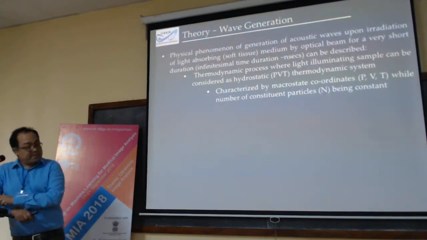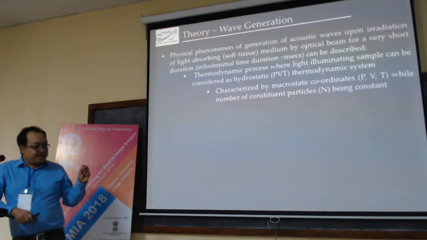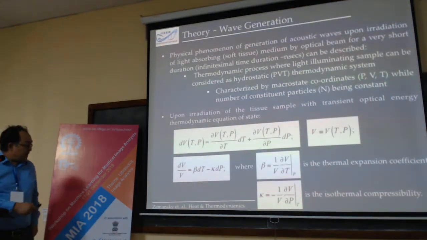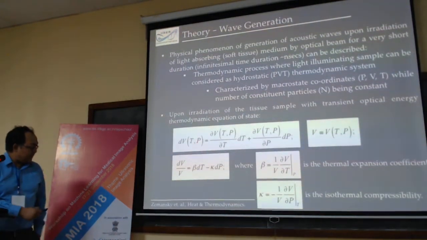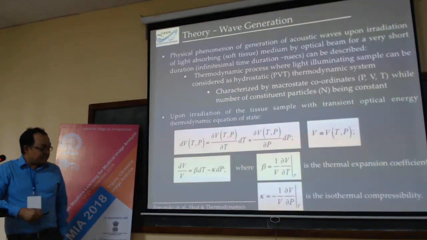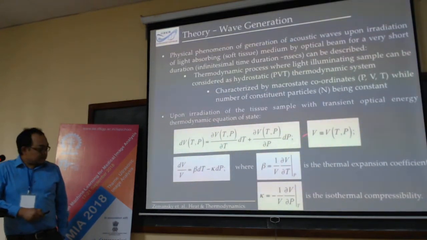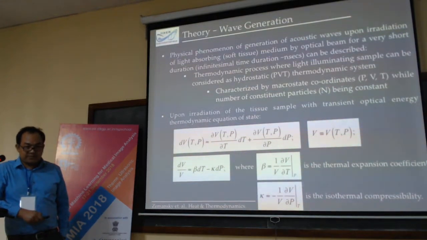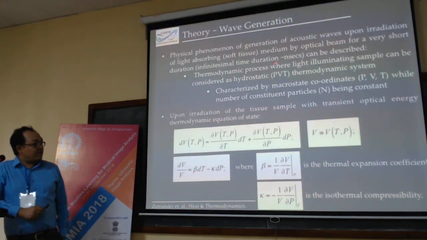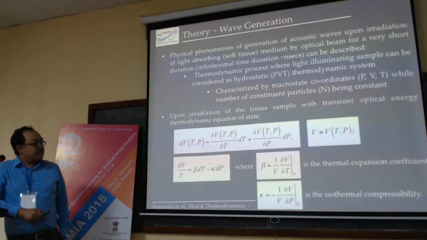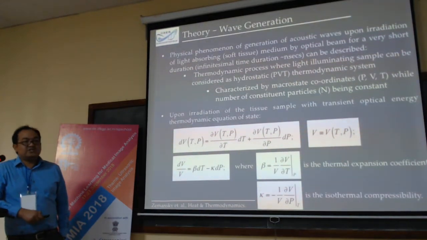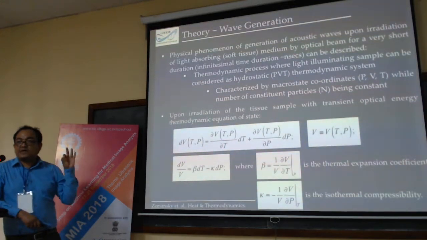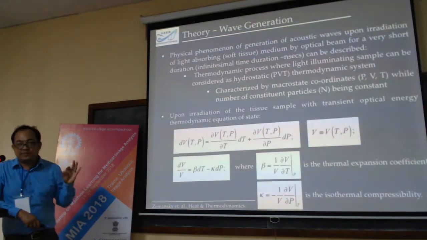Considering volume as dependent on pressure and temperature, one can extract these equations from the thermodynamic equation of state. This is completely from thermodynamics. For our physical system, we can very successfully explain from these equations, because in our tissue system, the number of particles remains the same. That is supposed to be.